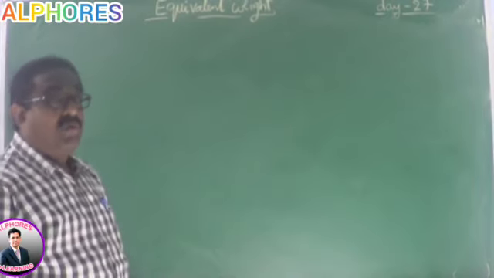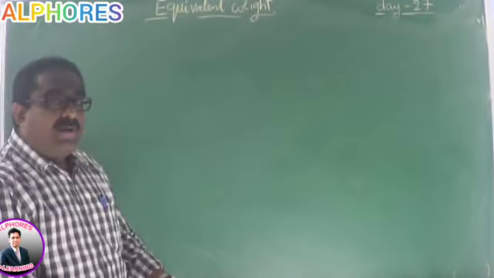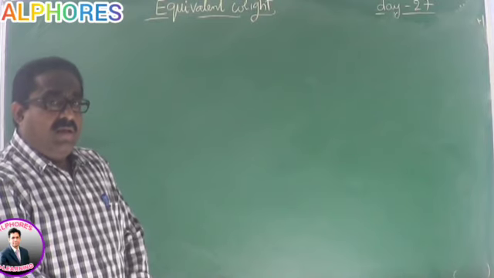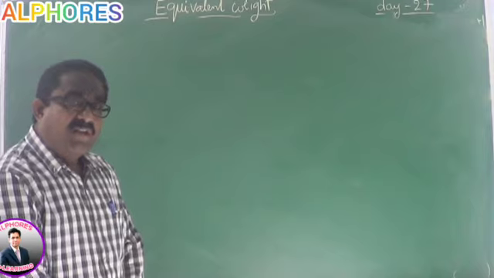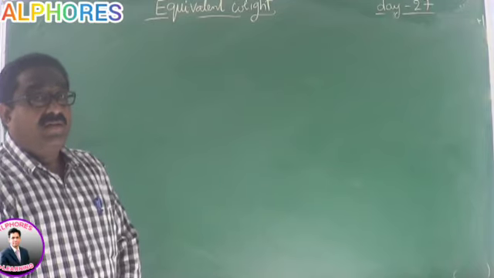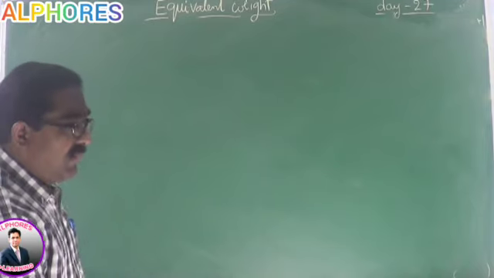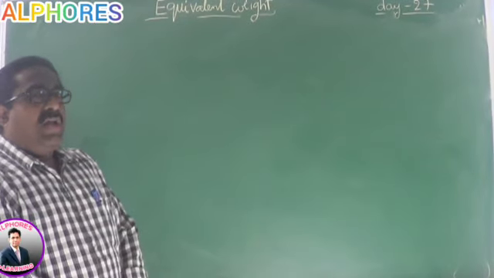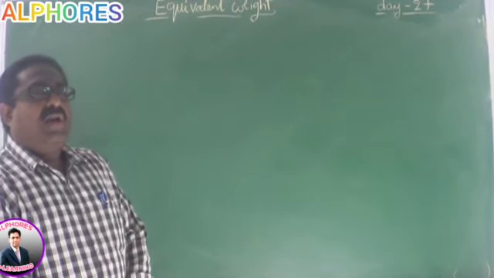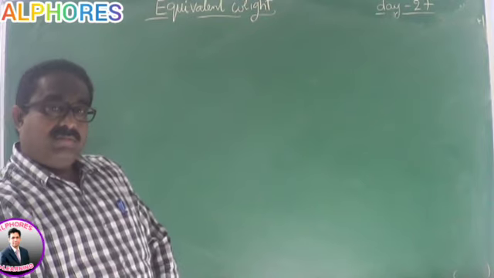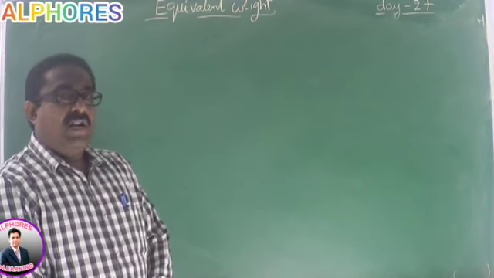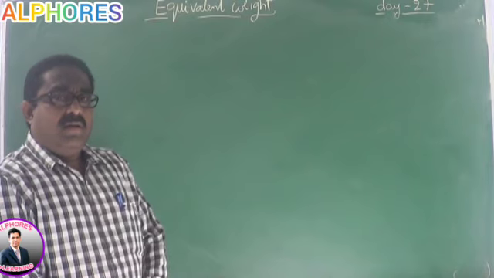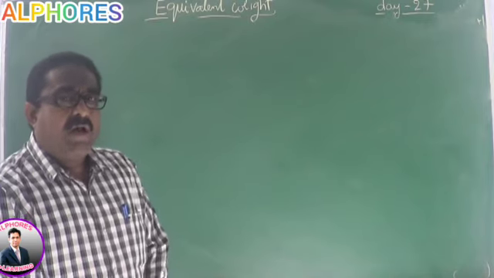Please concentrate more. First of all, let me explain the definition of equivalent weight. We know atomic weight is fixed for an element, no doubt. Undoubtedly, one can say each element has its own atomic weight.